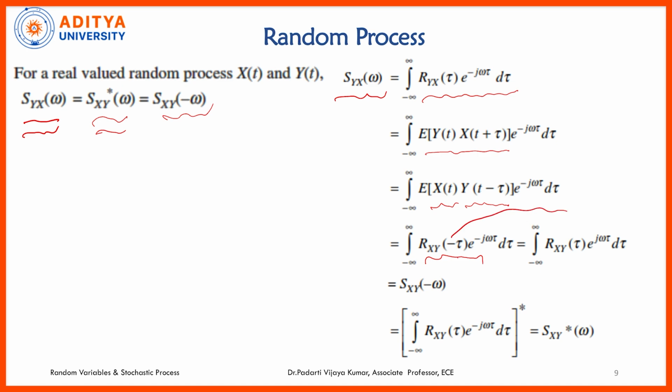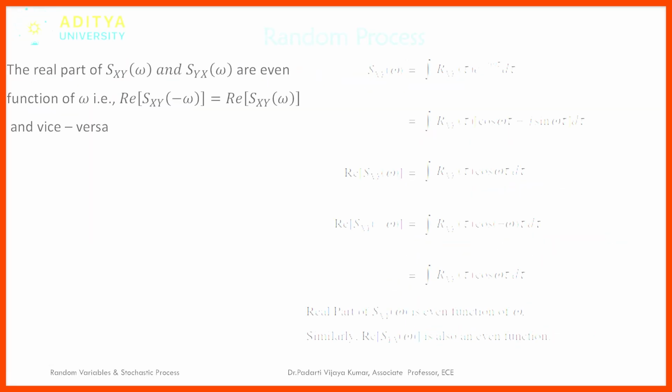We know that the cross correlation function is an even function of tau, so Rxy of minus tau is equal to Rxy of tau. So, this is equal to Sxy of minus omega, or mathematically this is also equal to Rxy of tau e power minus j omega tau whole conjugate, which is equal to Sxy conjugate of omega. So, this is the first property of cross power spectral density.